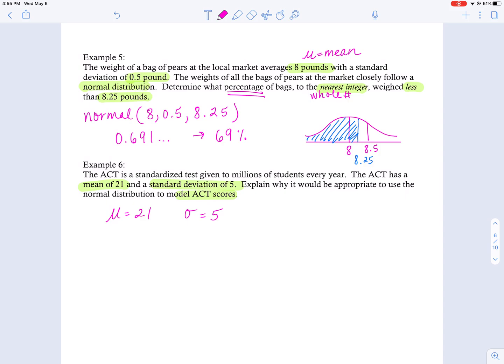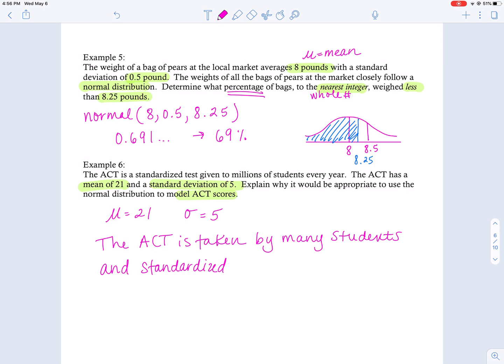So I would just say the ACT is taken by many students and standardized tests model a normal distribution.